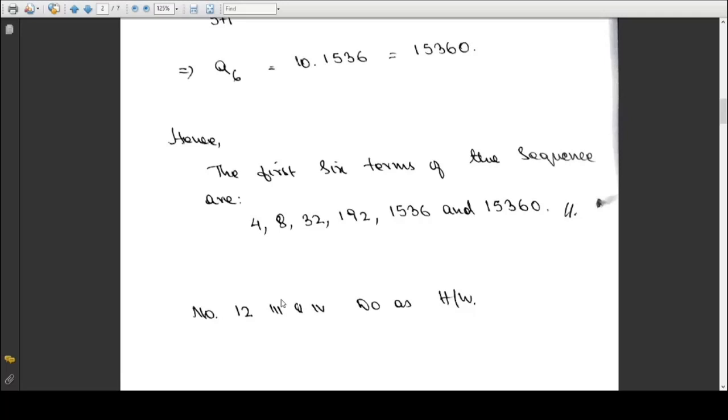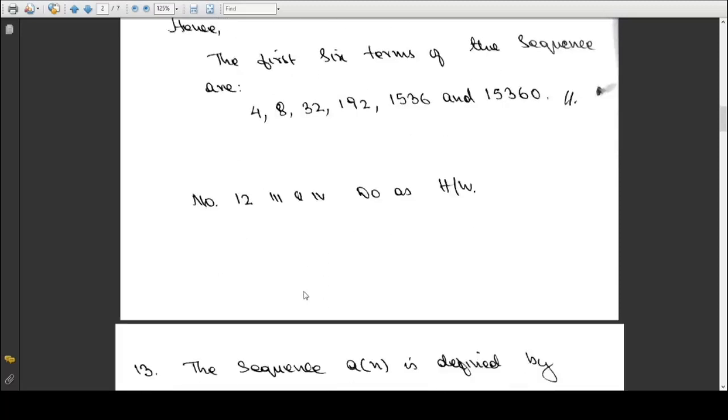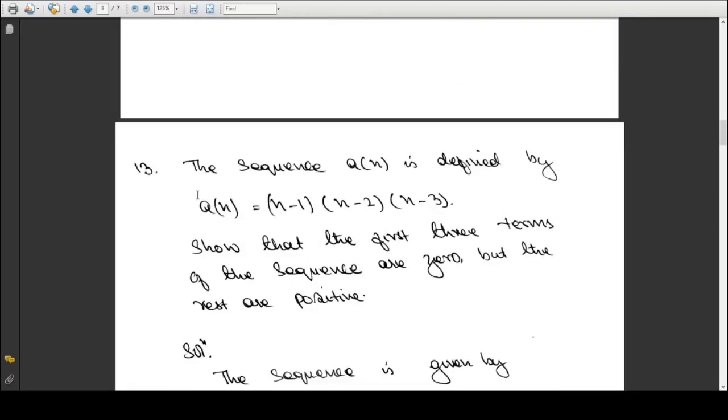Once you are clear with the method of how to proceed, you can solve number 3 and 4 also. Okay, now next we'll move to number 13.